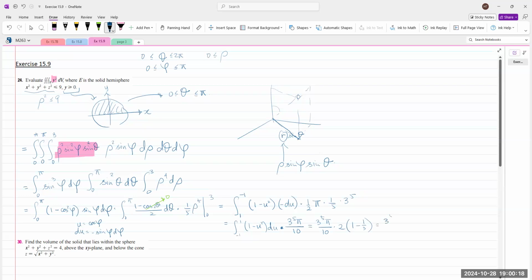So 3 to the 5th pi over 10 times 4/3. So 81, 162 pi over 5. Okay, that's for number 24.